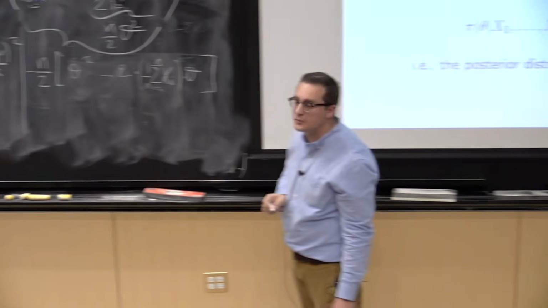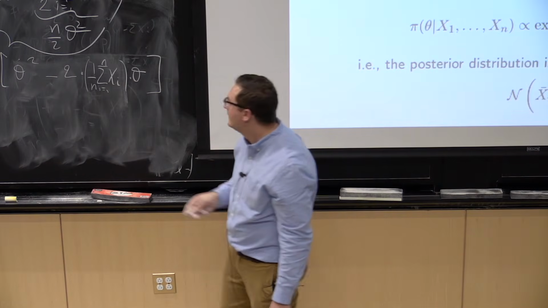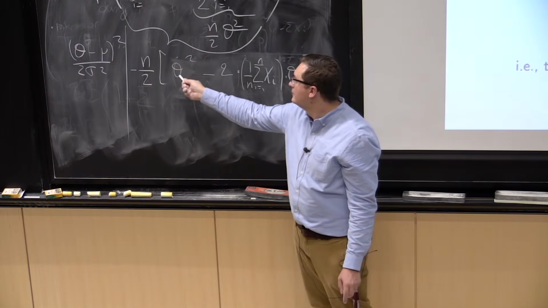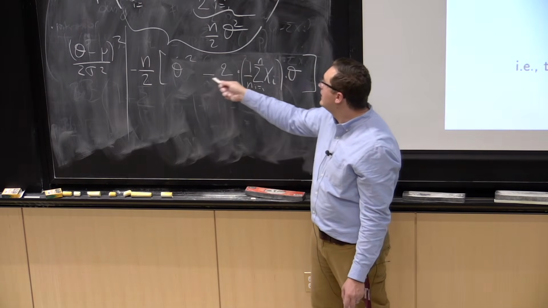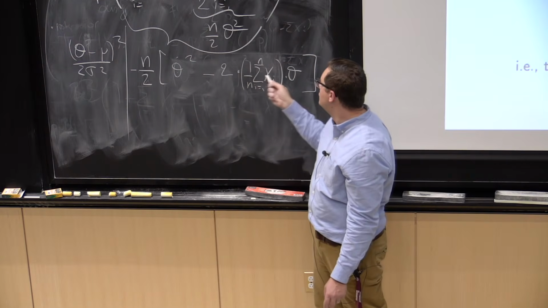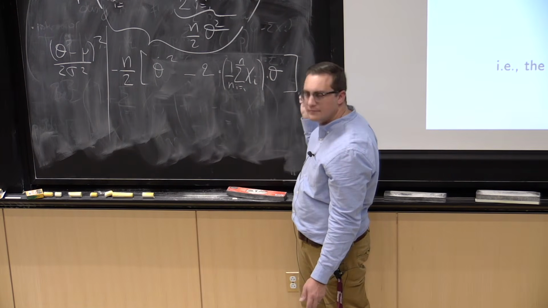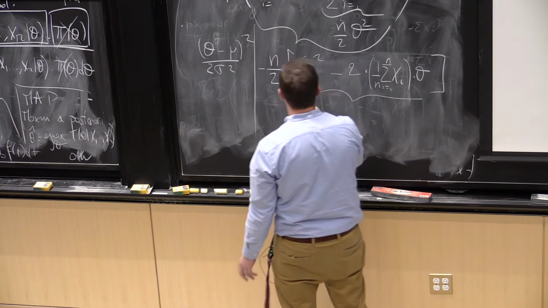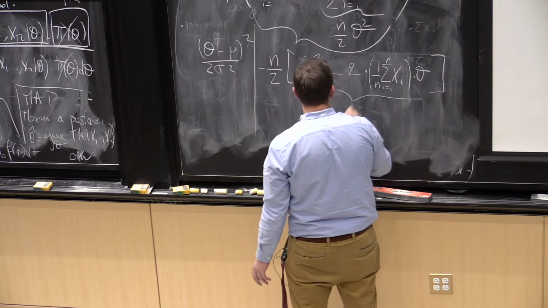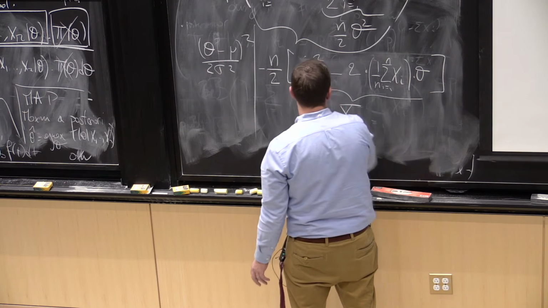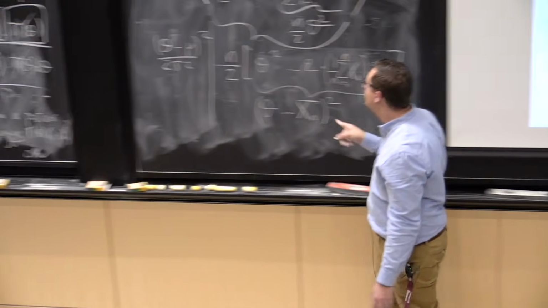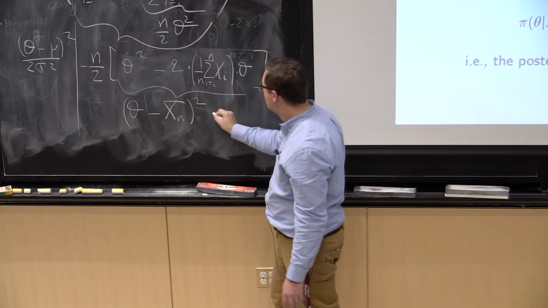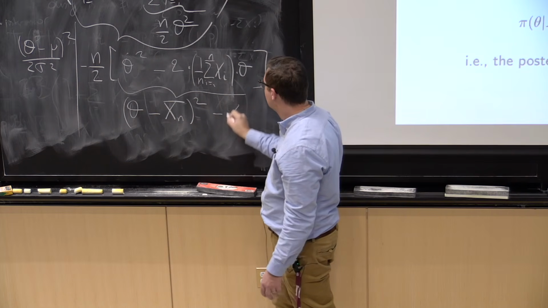That's exactly just a rewriting of what we had before. And that should look much more familiar. A squared minus 2ab, and then I missed something. So this thing I'm going to be able to rewrite as theta minus xn bar squared. But then I need to remove the square of xn bar because it's not here.